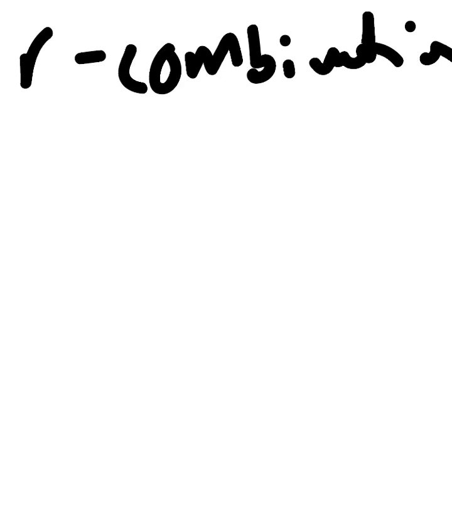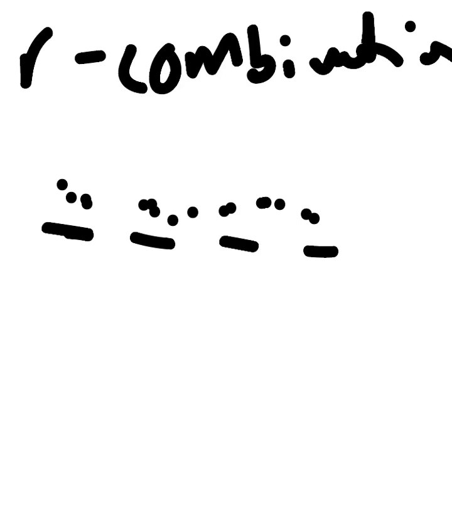So if that doesn't make sense, you can think about it as, let's say, you have R slots, and you have R objects to put in those slots. And if you look at the permutations, the ways you can put R objects in those R spots, that is going to be R factorial.